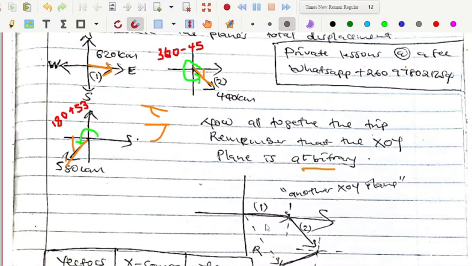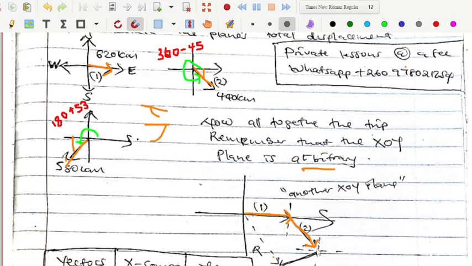So now, as you can see, how can you show all these vectors on one diagram? So you start with the first one, you show it. Where the first one ends, that's where the other one will start. So as you can see here, I took this xy plane, then I brought it here.